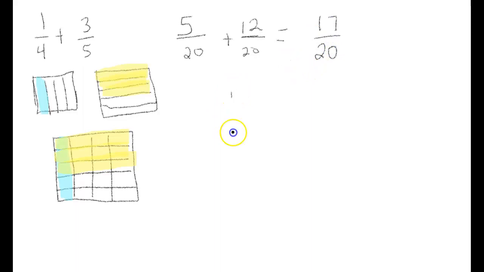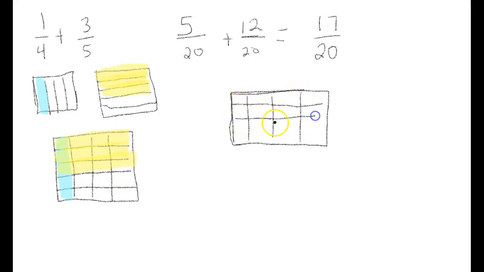Now if I wanted to show that, all I would do is redraw this model, and I'm going to need 1, 2, 3, 4, 1, 2, 3, 4, and then we'll add on 5.